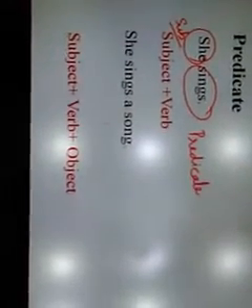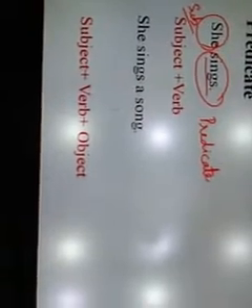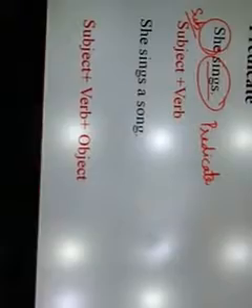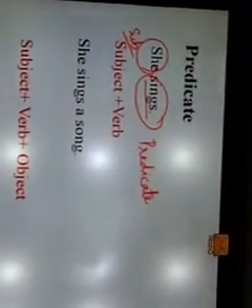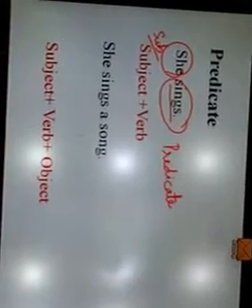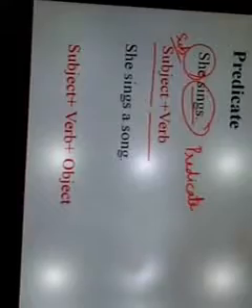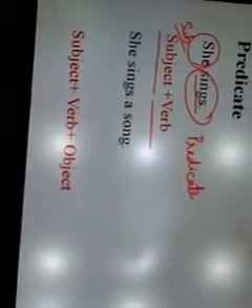Sings. Sings is the predicate. There is a predicate of one word only. The sentence structure of this sentence becomes subject plus verb. This is the sentence structure of this sentence.